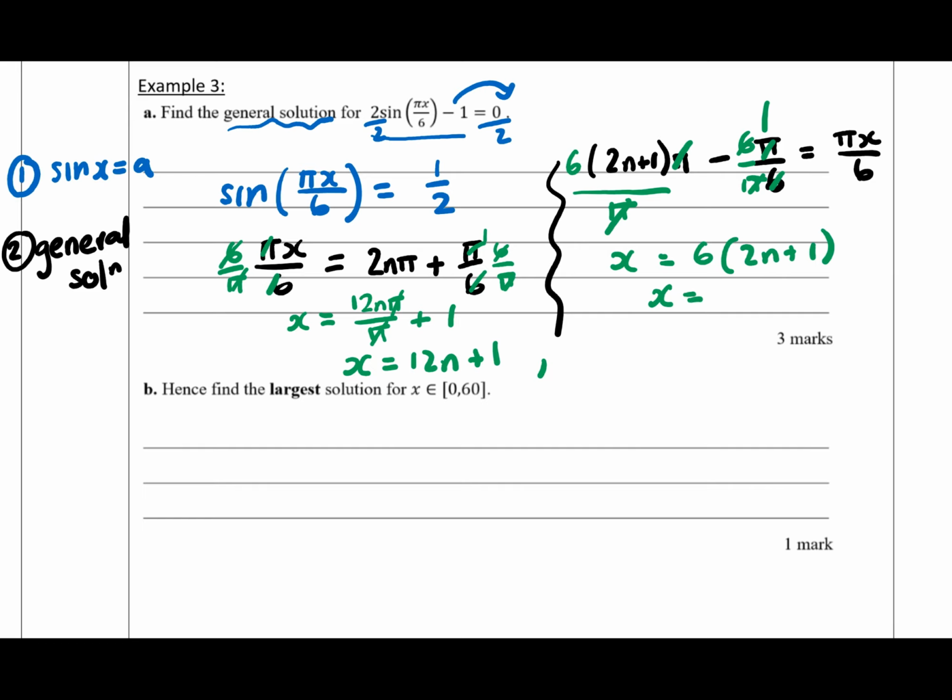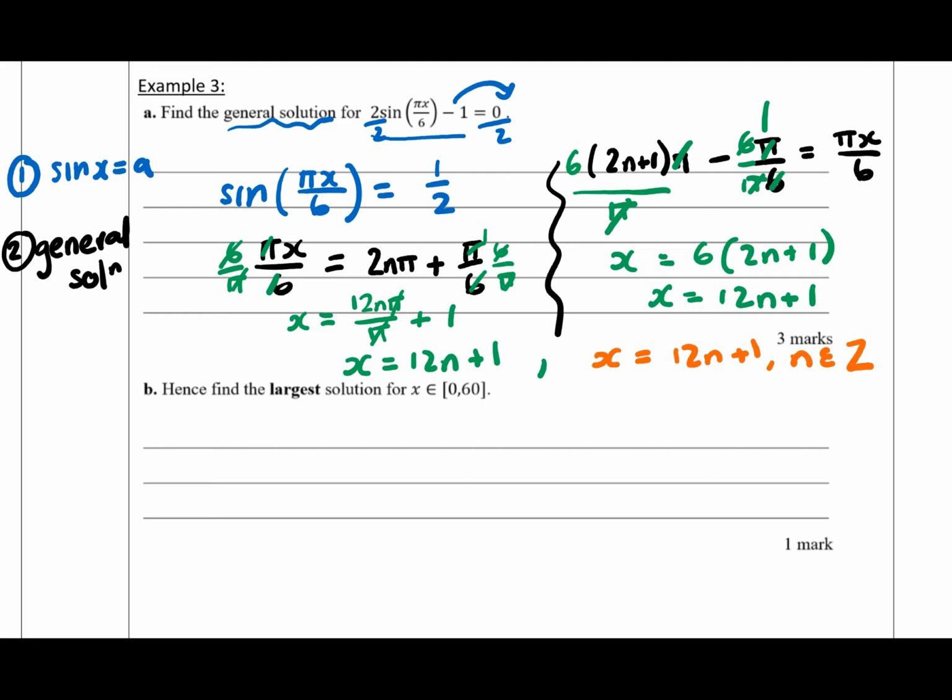So x is equal to 12n plus 1. So we can see here that in fact these are the same solution this time. So all that needs to happen to finalize our answer is say x equals 12n plus 1, where n is an element of z.